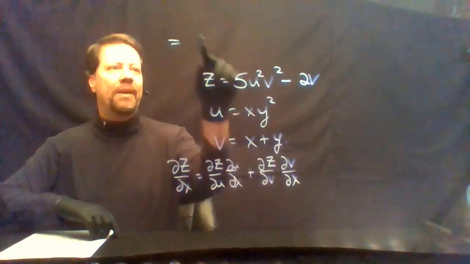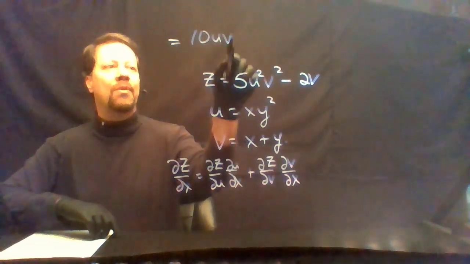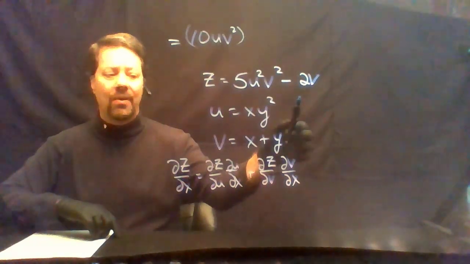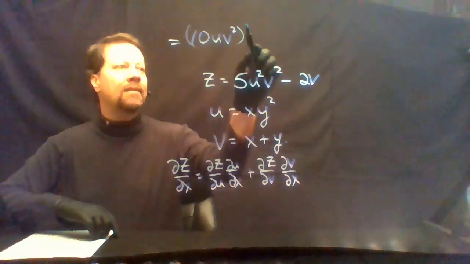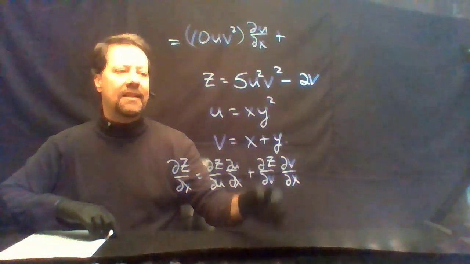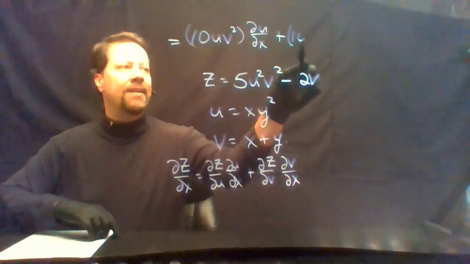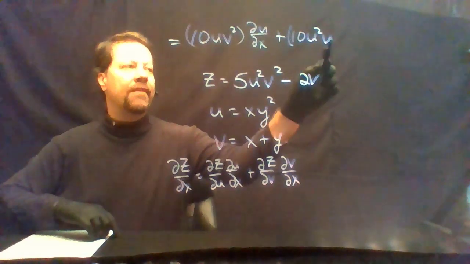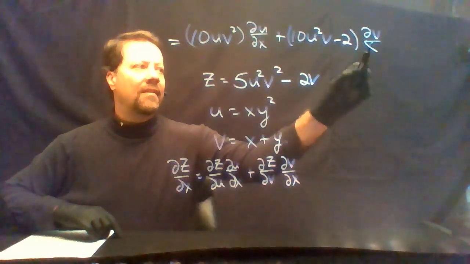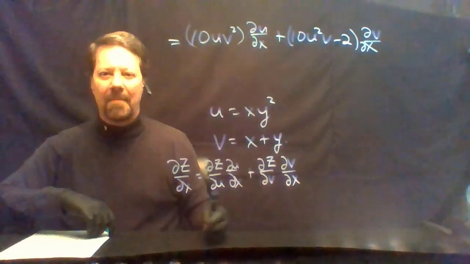dz/du is 10u v squared, the derivative of the 2v being 0 with respect to u, times du/dx plus dz/dv, that's going to be 10u squared v minus 2 times dv/dx.